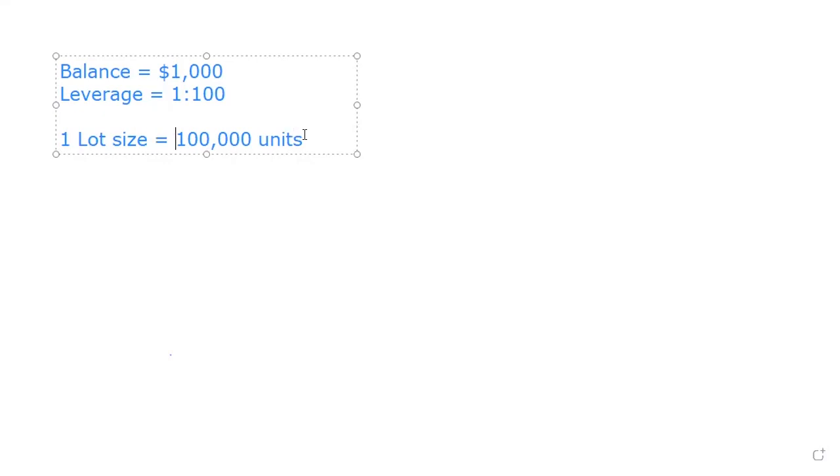Remember that for this example, we are using the US dollar. So if you are to buy one lot size of USD, it means you actually want to buy $100,000. So you don't have up to $100,000.